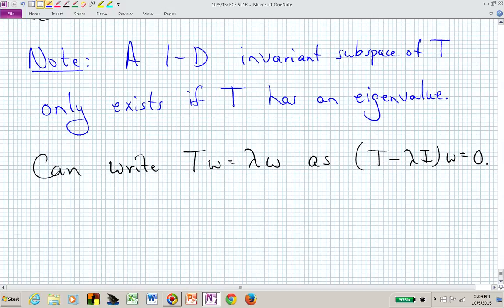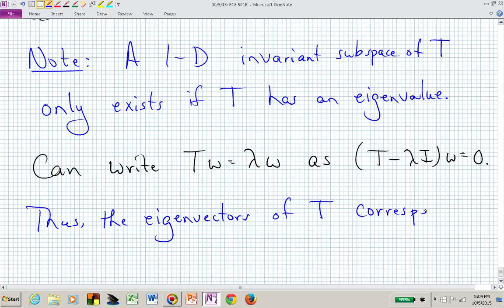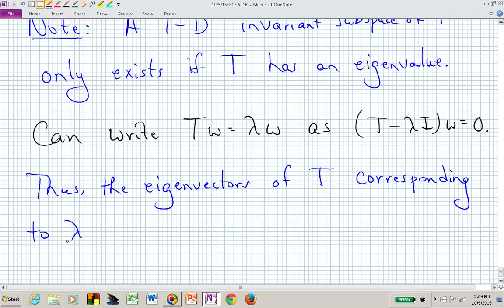That means that the eigenvectors of this linear map T corresponding to different lambda, if we have multiple lambdas, but let's just talk about the one, those eigenvectors are actually in the null space of this operator T minus lambda I. Thus, the eigenvectors of T corresponding to lambda are in the null space of T minus lambda I.